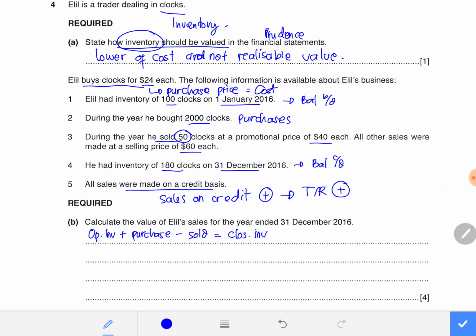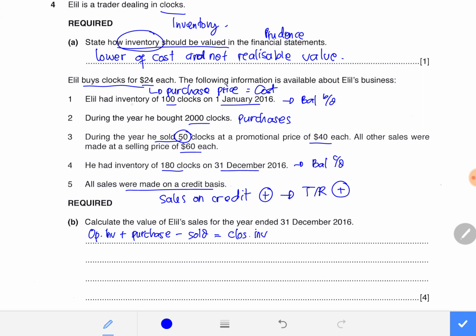So the remaining amount will be the closing inventory.